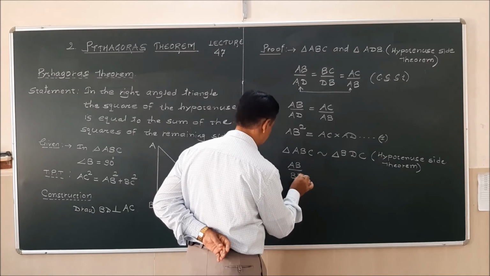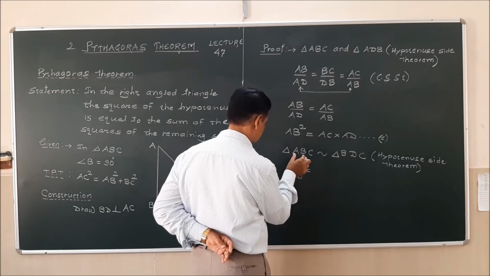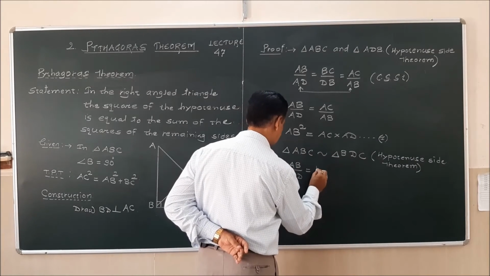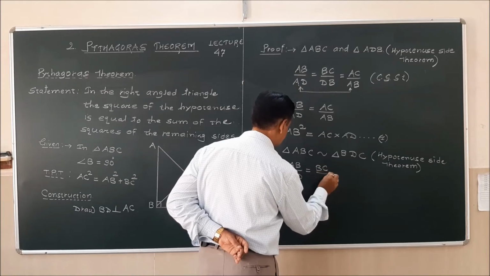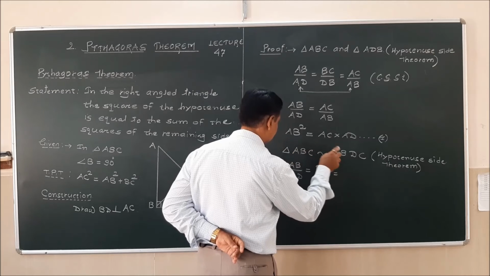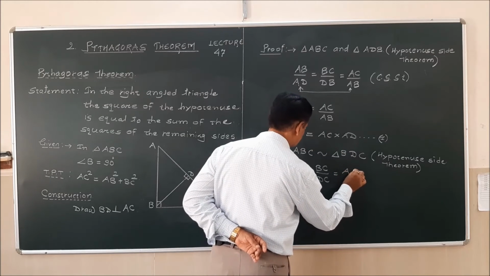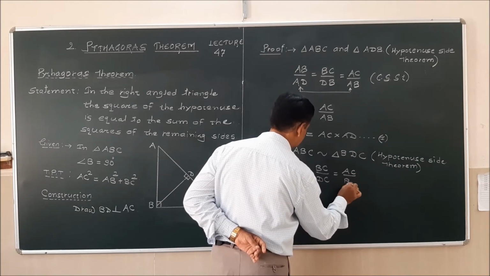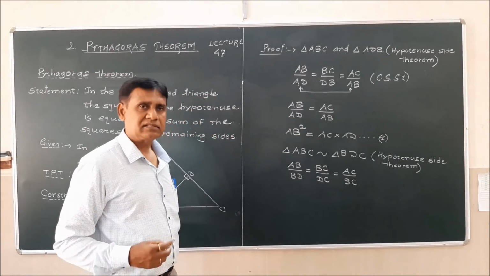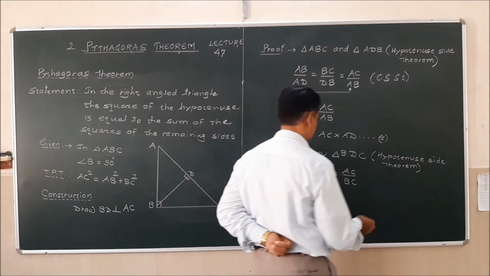AB upon BD is equal to BC upon DC, that is equal to AC upon BC. Corresponding sides of similar triangles.